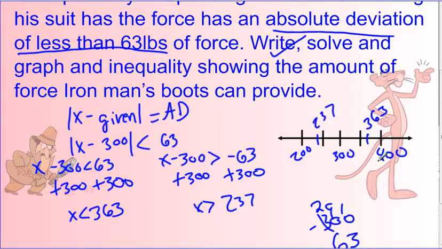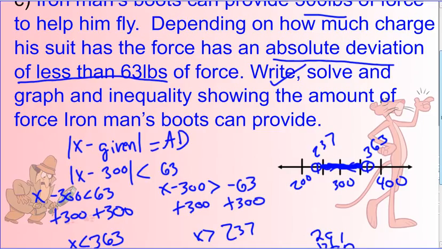All right, so x could be less than 363, so hollow dot less than, or greater than 237, hollow dot greater than, stuff in between. So this is the amount of force that his boots can provide that helps him fly. If they can't provide this much force, he's falling fast.